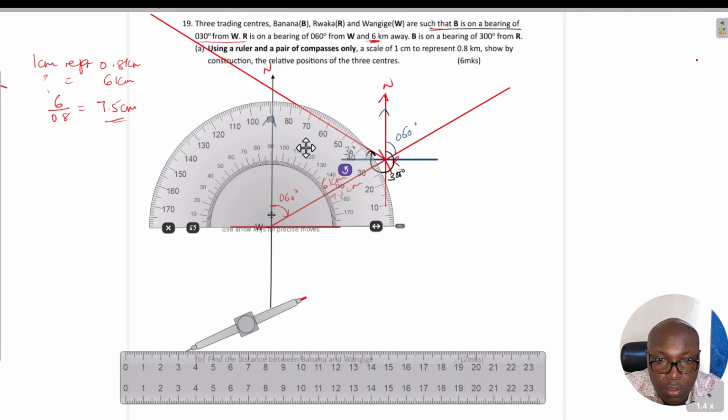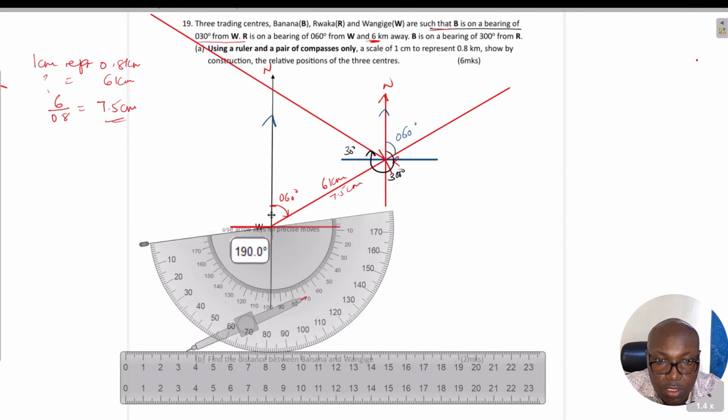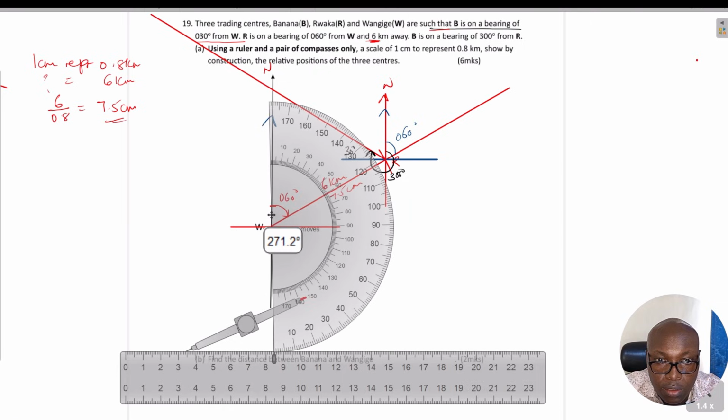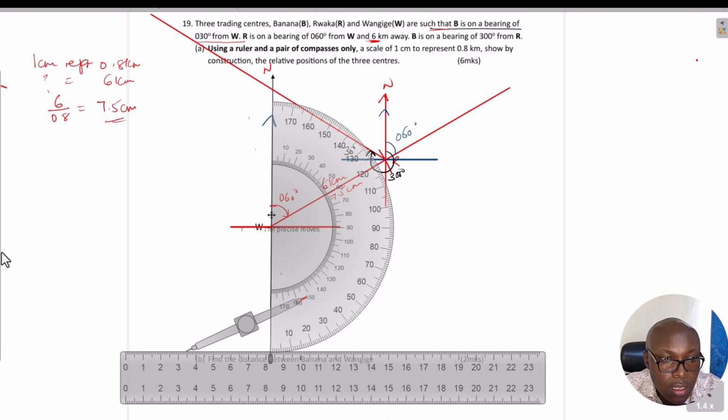So 30. Just measure 30 degrees. It will actually be half over 60. Yeah, 30 degrees.